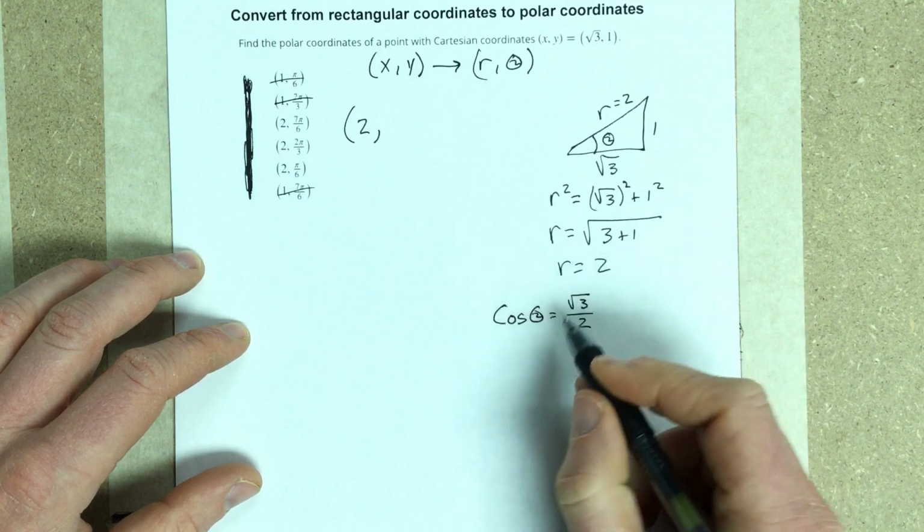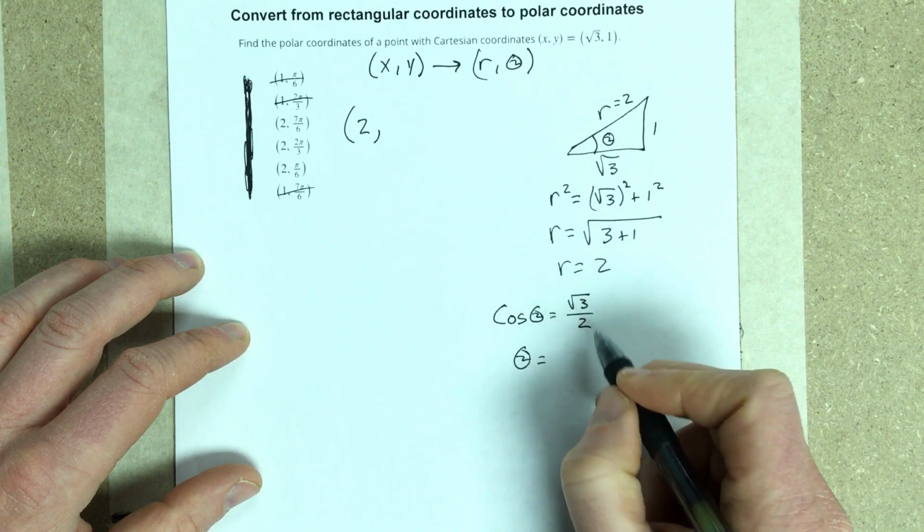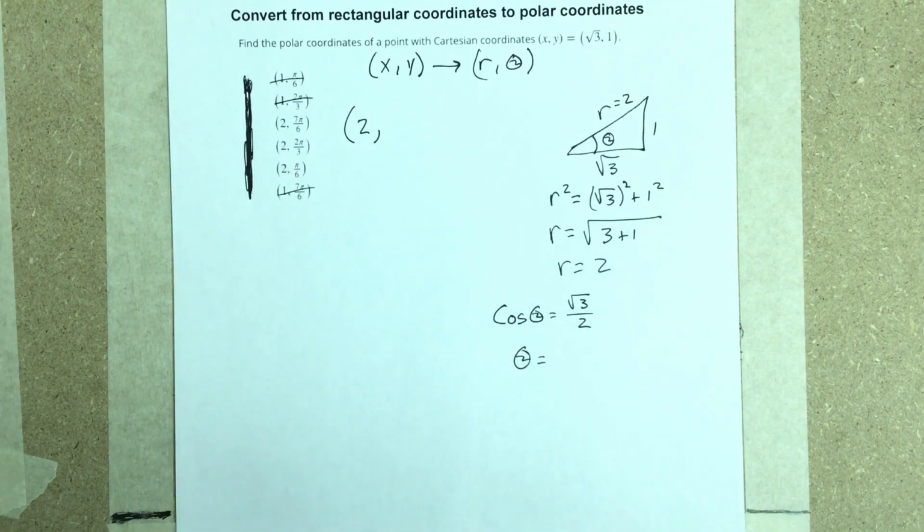When does this occur? Well, this occurs when theta is equal to, so root 3 over 2, that would be at root 3 over 2. Let's pull out our unit circle piece.